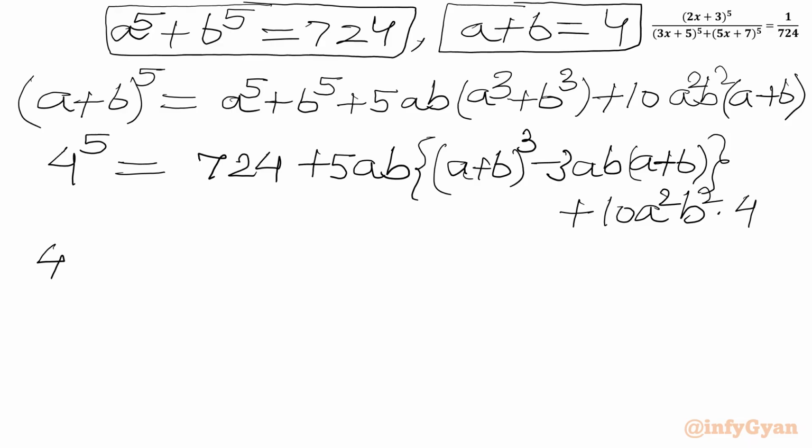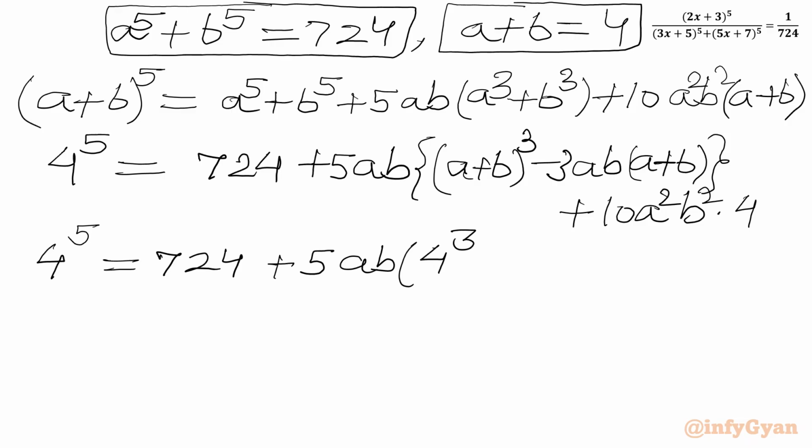So we will be writing 4 power 5 equal to 724 plus 5AB in the bracket, A plus B is 4, so 4 cube minus 3 times AB. A plus B is again 4. Then 10 times 4 is 40 A square B square.